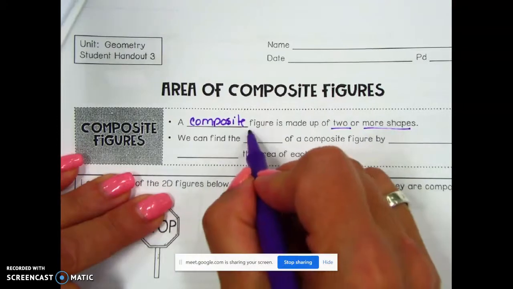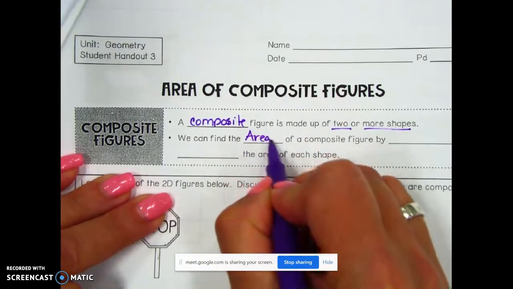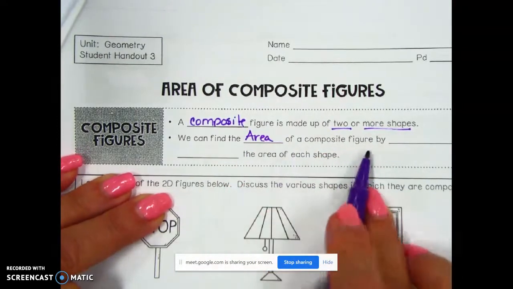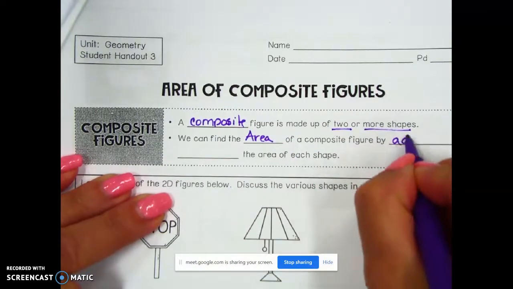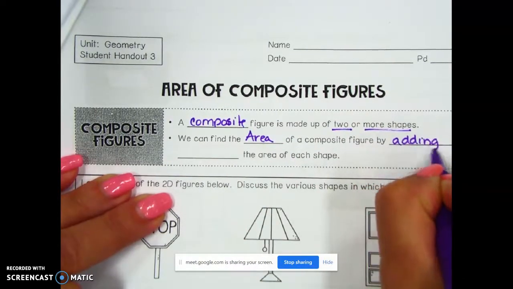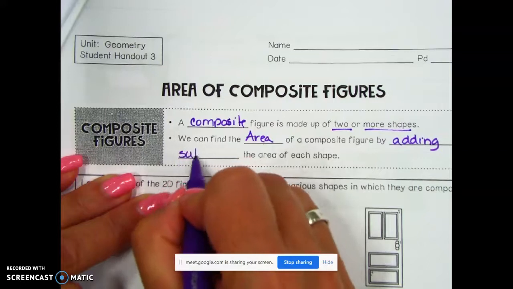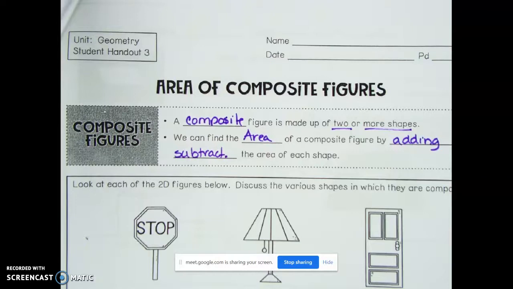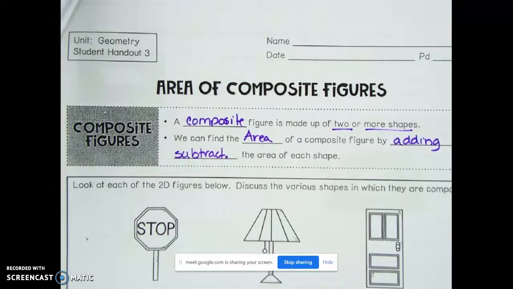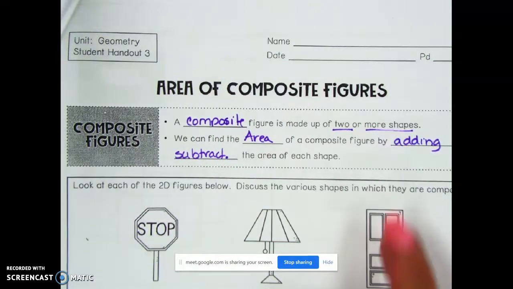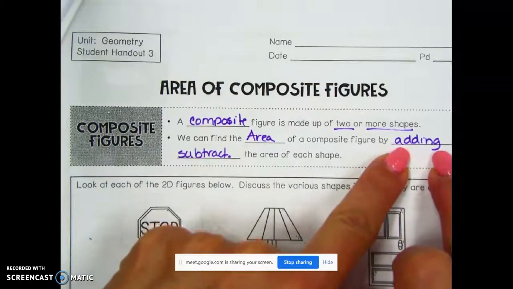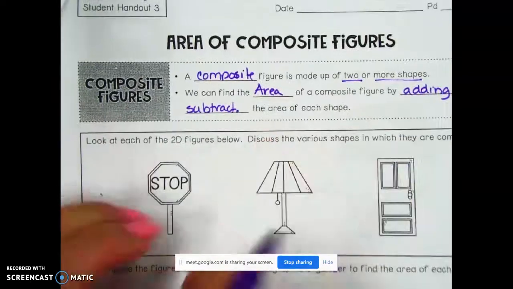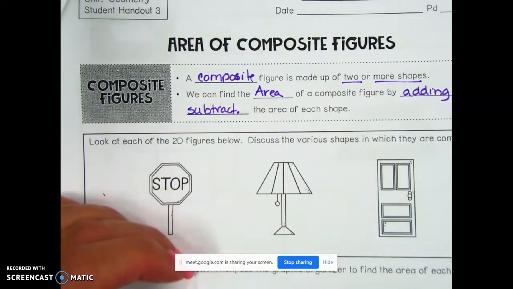We can find the area of a composite figure by adding or subtracting the area of each shape. There's different times when you do that. When you're combining areas, you would add. When you're taking a part out, you would subtract.